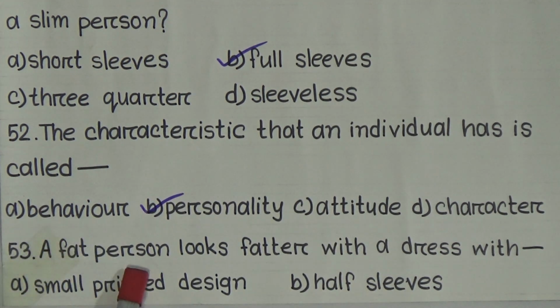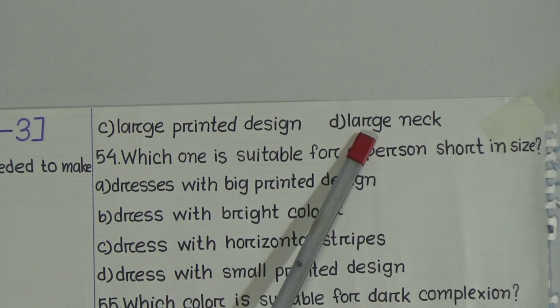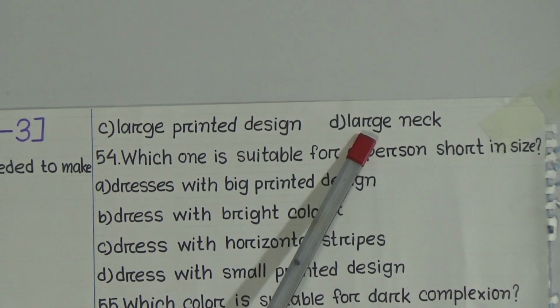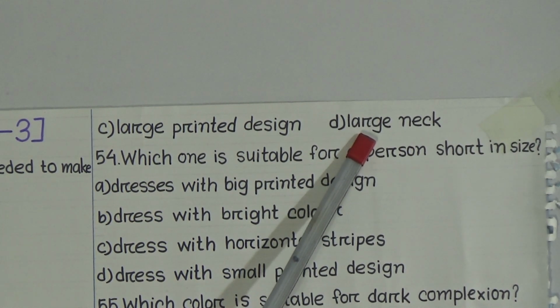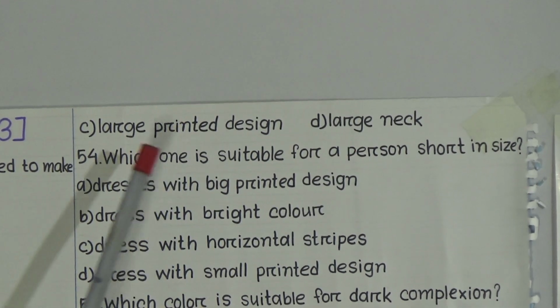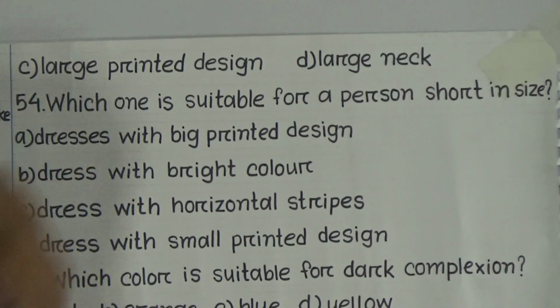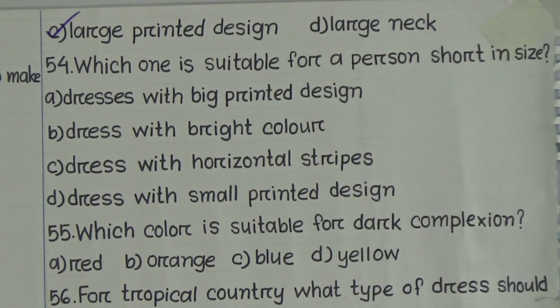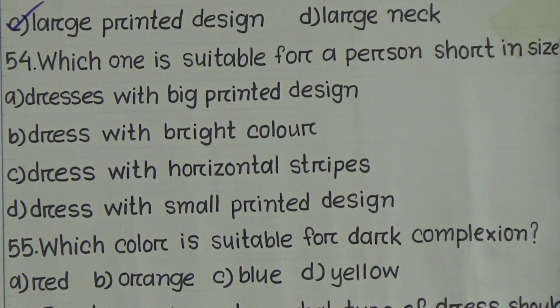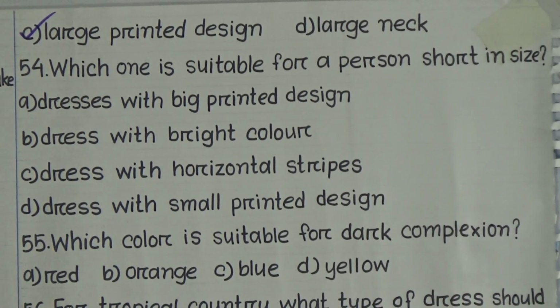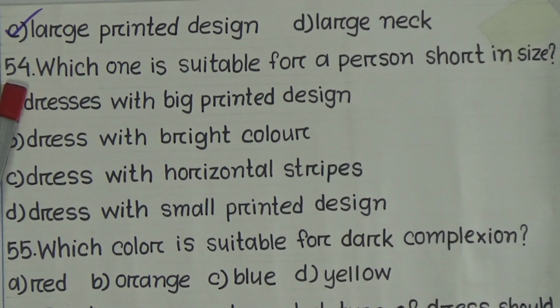53. A fat person looks fatter with a dress with small printed design, half sleeveless, large printed design, large neck. Can you guess which one will be correct here? Here, the correct answer is option C, large printed design. Now we'll do question number 54.